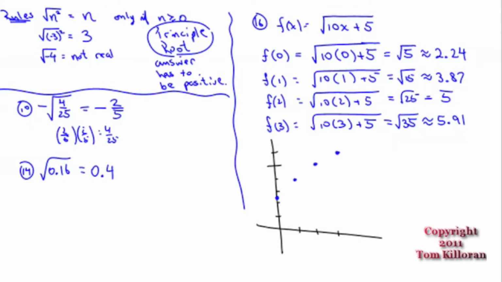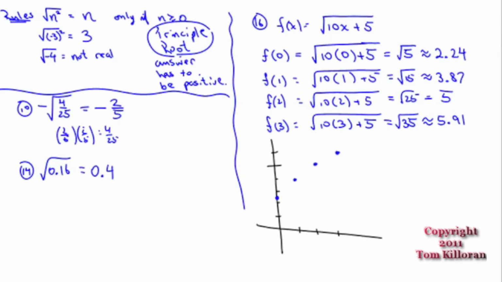Now here's my question of the day. When does this function equal 0? In other words, I need to create a square root of 0 up here. So what value of x makes this equal to 0? Well, 10x plus 5 is equal to 0. How do you solve it?